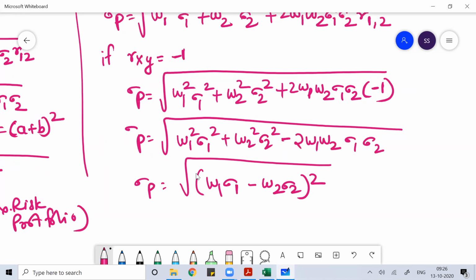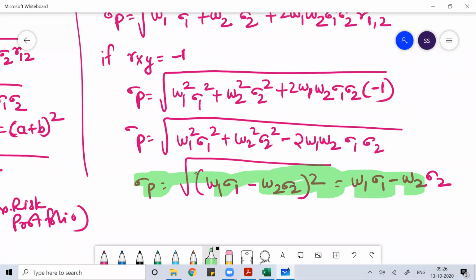So here the standard deviation of the portfolio would be W1 sigma 1 minus W2 sigma 2. This would be the standard deviation of the portfolio.